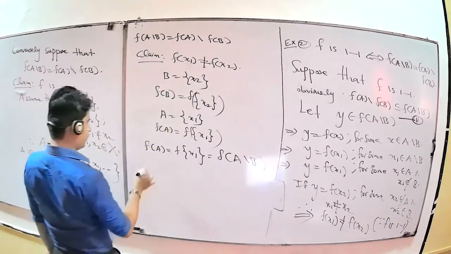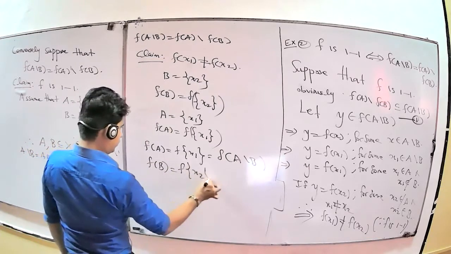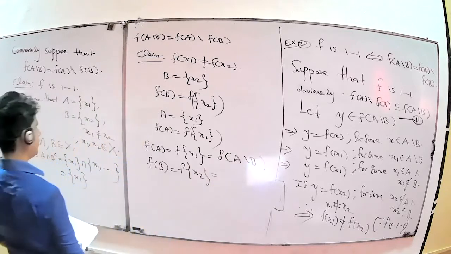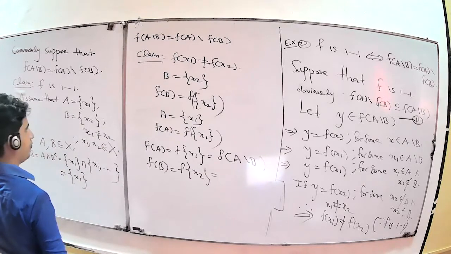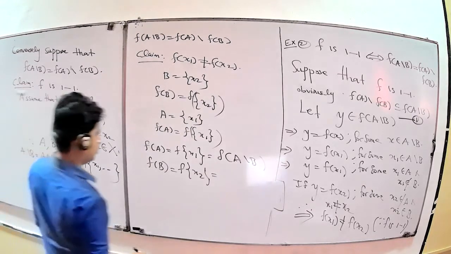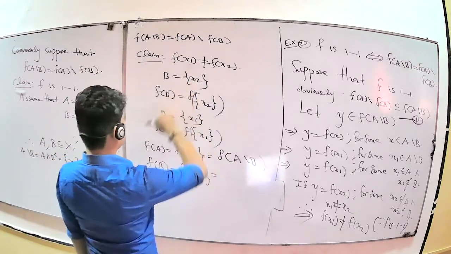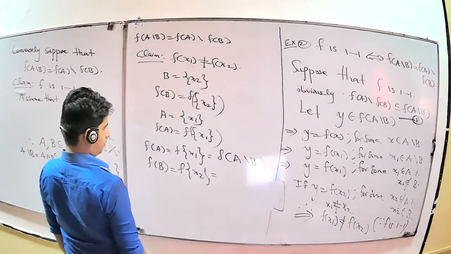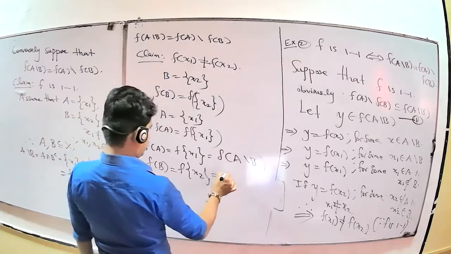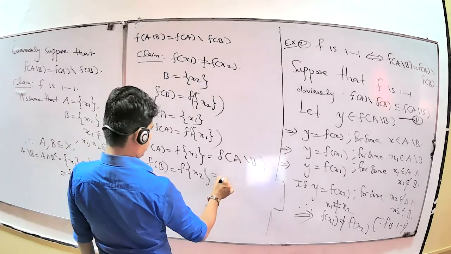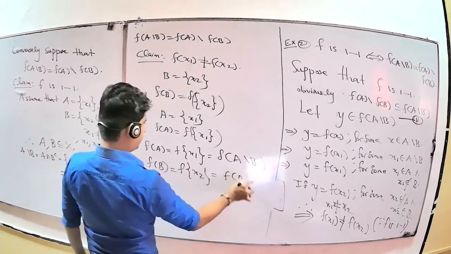For this case, if you take f of B, f of x2, right? Here x2 belongs to B, not A, right? Whether here is f of A minus B?